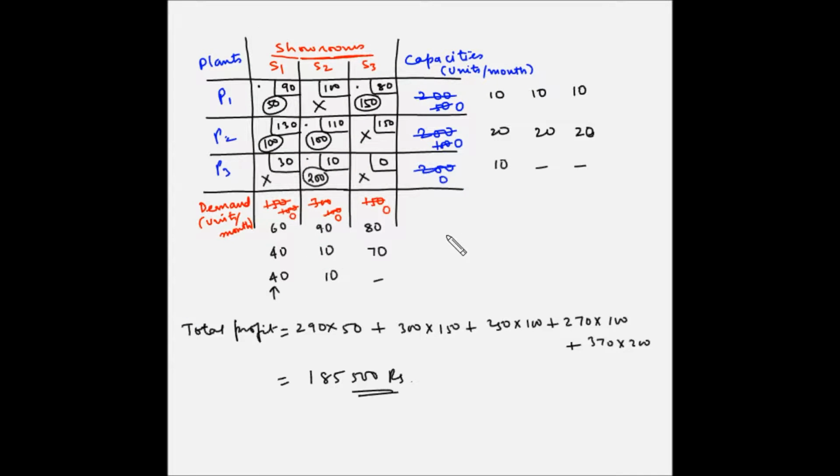So at this point we have a basic initial feasible solution, which means that this solution will give us a shipping route without violating the supply and demand constraints that we were given. However, we don't know if this profit is the maximum that can be obtained with these constraints.